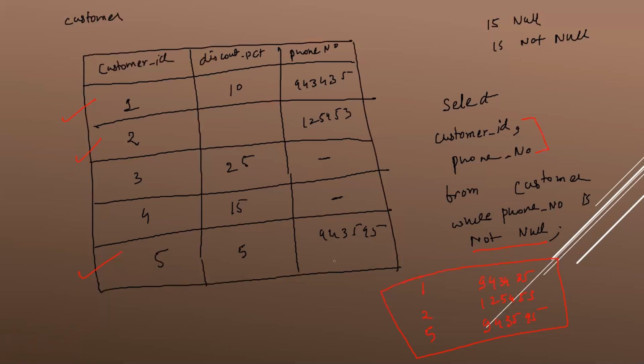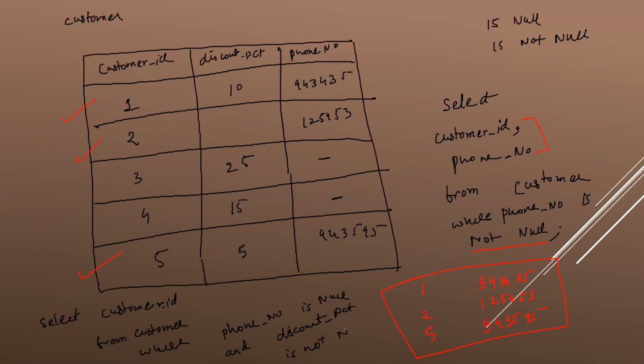We are going to do a couple of questions from the same table. Next question: select customer ID from customer where phone number is null and discount percentage is not null.